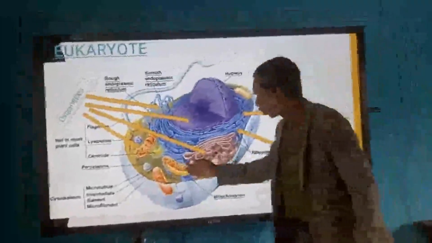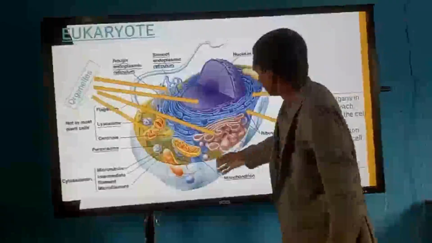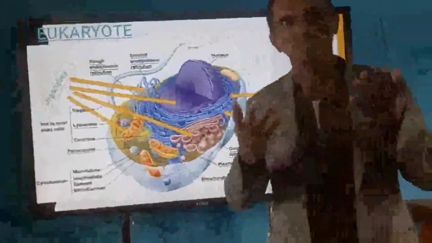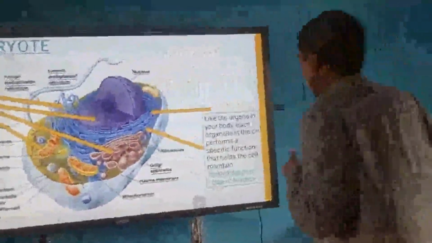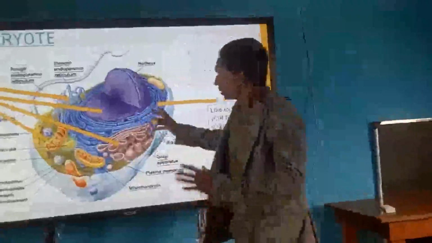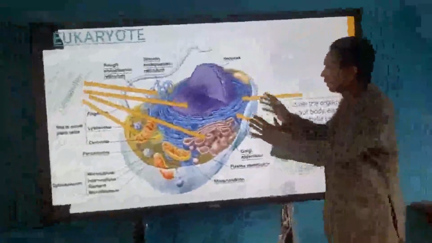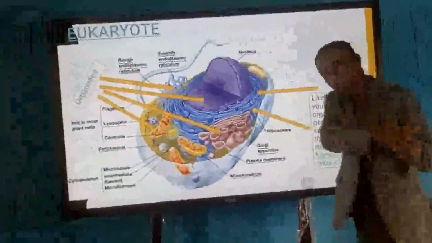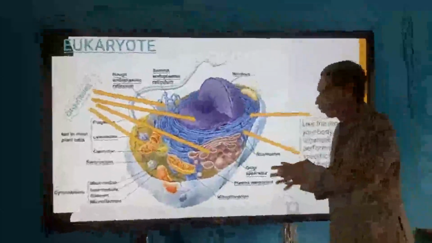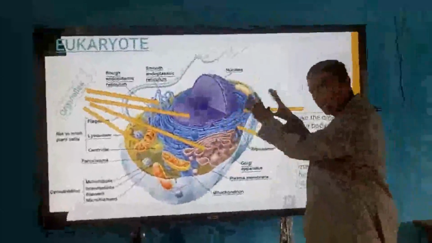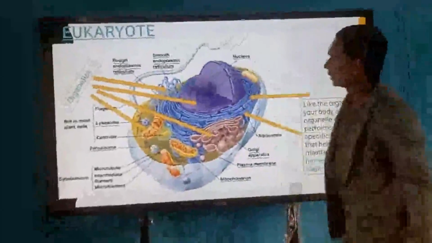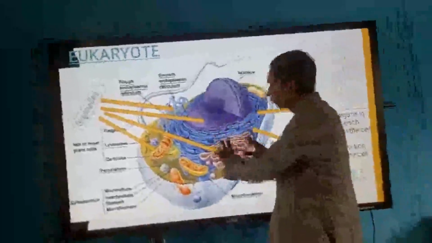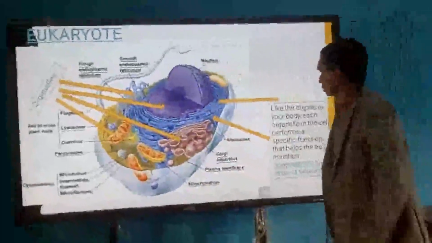As we see in the mitochondria and the other organelles, they have very advanced and developed, complex structures. This is the main difference between prokaryotic and eukaryotic. Eukaryotic cells always have very advanced and complex structures. So this is a diagram of a eukaryotic cell.